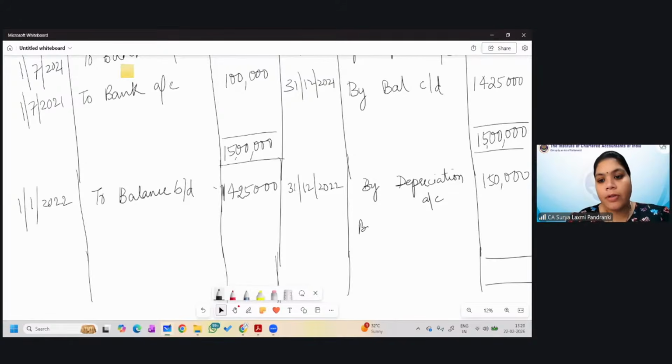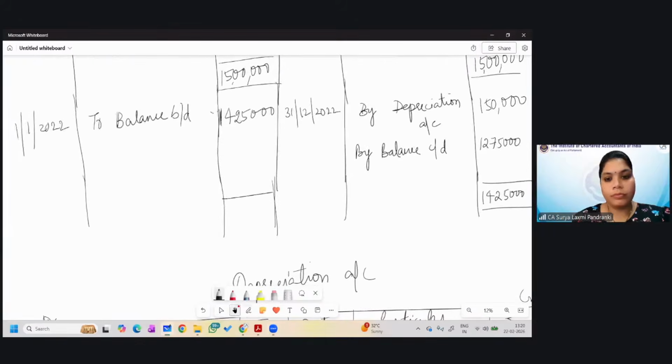Credit side. So by balance carried down. How much is the carried down balance? Okay, 12 lakh 75,000. The total is 14 lakh 25,000. Are we done?